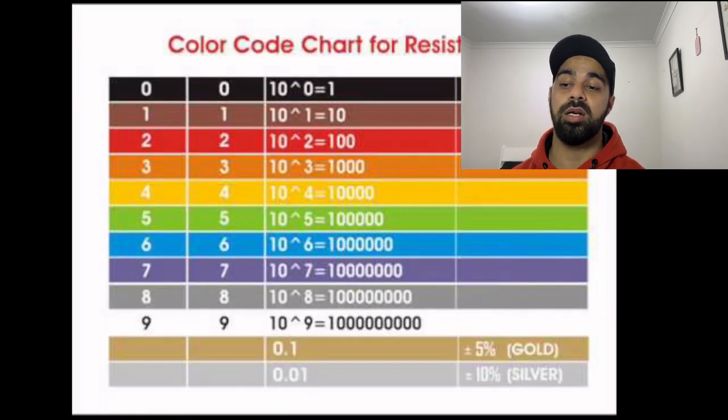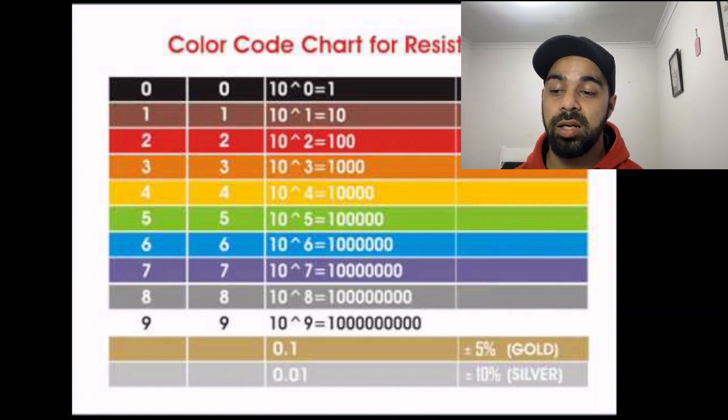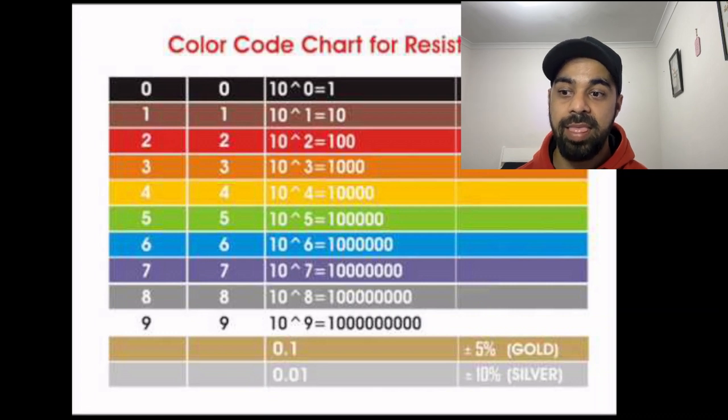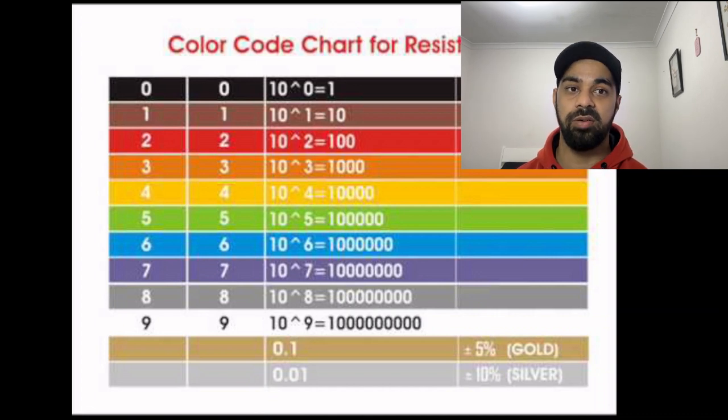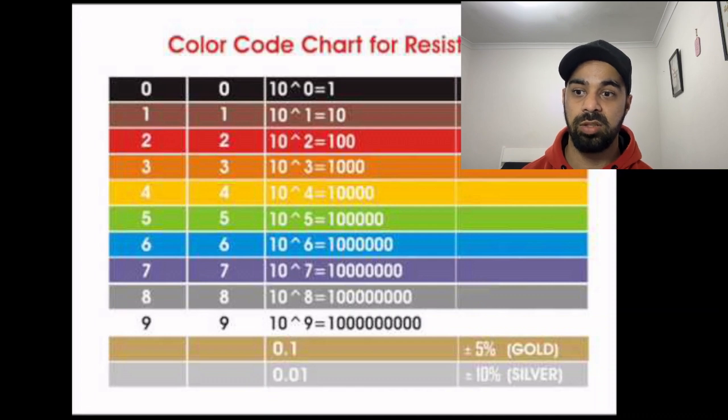If we go back to the color chart, black value is 0, so the third would become 0, so 330. And then the multiplier would be 10 raised to the power of that color band, which over here black is 0, so 10 raised to the power 0, so the multiplier is 1, so that becomes 330 ohms.